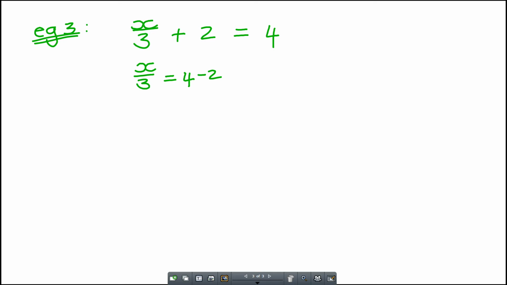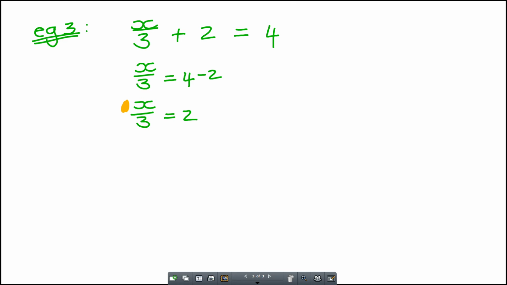Okay, so x over 3 will then be 2. Now what was our next step? Our next step was coefficient. But there isn't something written here in front of the x. Actually, there is, but I can't just go divide by 1 because that's not going to work.